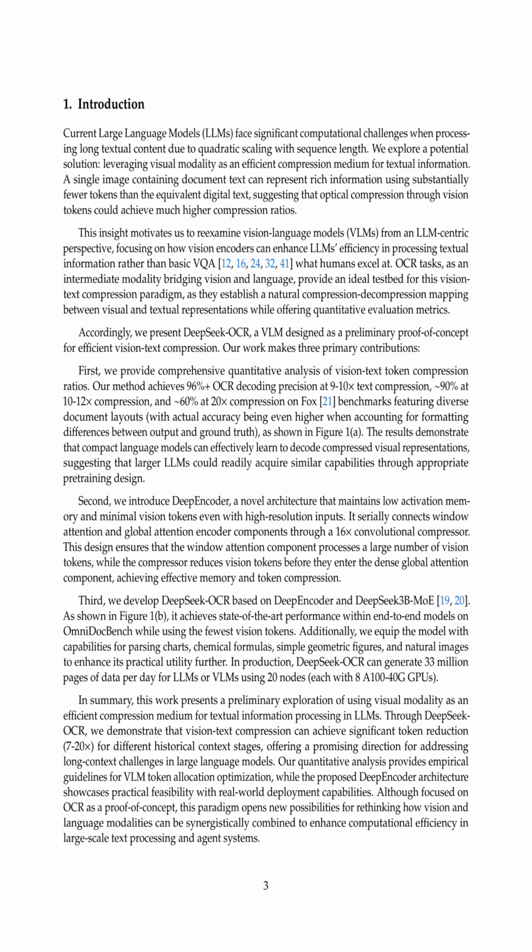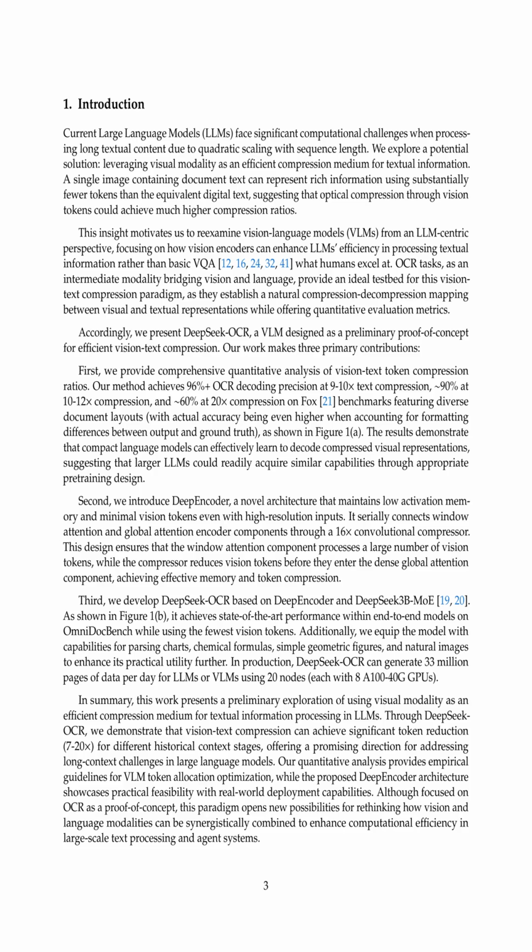OCR tasks, as an intermediate modality bridging vision and language, provide an ideal testbed for this vision text compression paradigm, as they establish a natural compression-decompression mapping between vision and textual representations, while offering quantitative evaluation metrics. Accordingly, we present DeepSeek-OCR, a VLM designed as a preliminary proof of concept for efficient vision text compression.